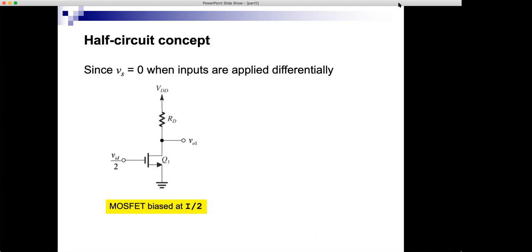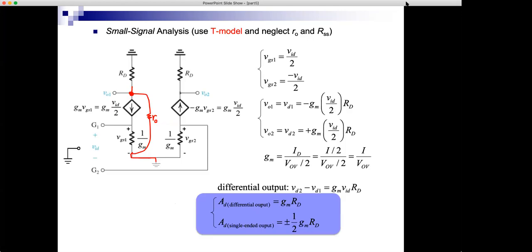If you consider the circuit here, and just consider 1/2 of it, then take this half.